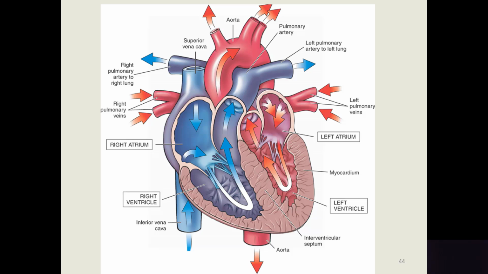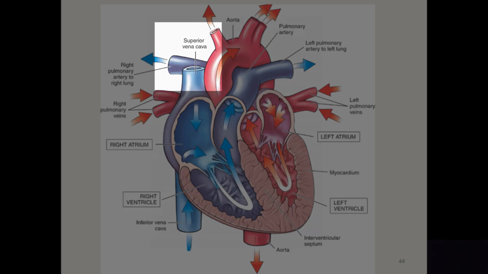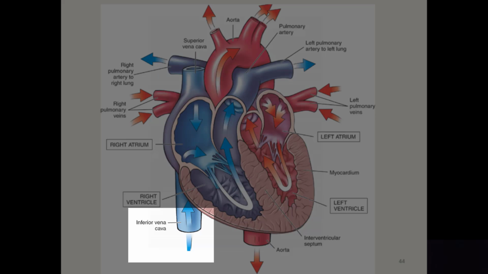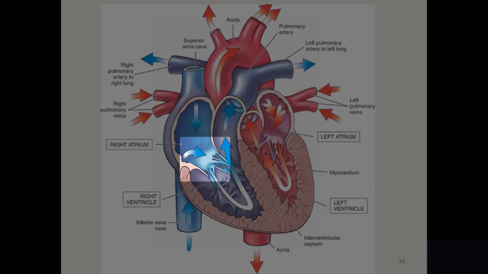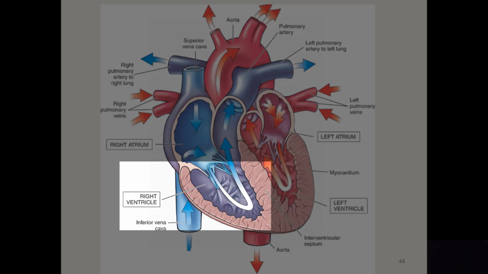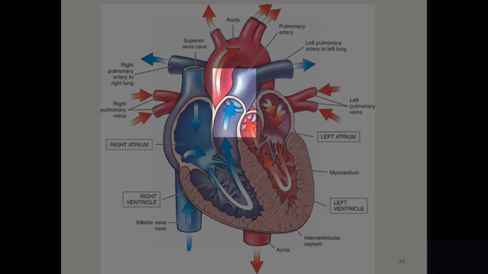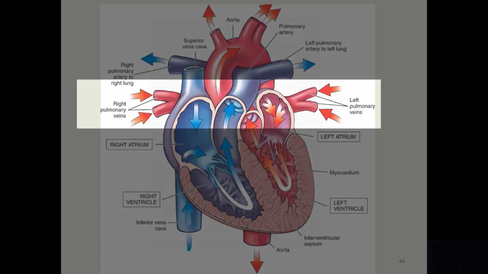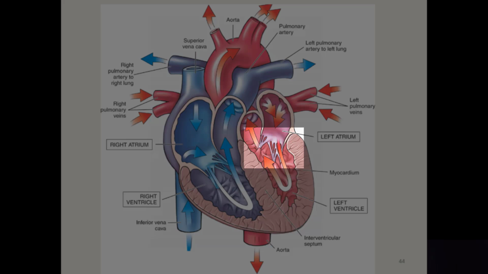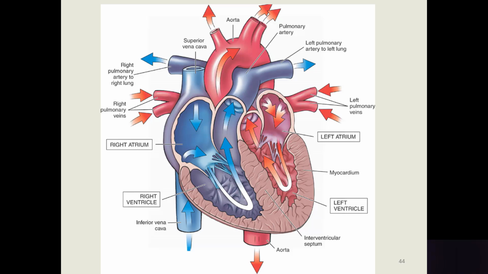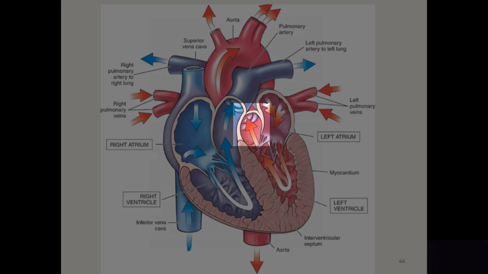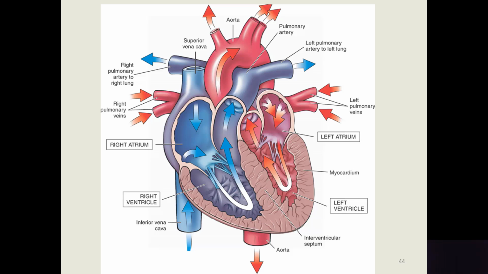If you look at this and think of them just as boxes and lines, it's not that complicated. Superior and inferior vena cava, right atrium, tricuspid valve, right ventricle, pulmonary arteries, lungs, pulmonary veins, left atrium, bicuspid or mitral valve, left ventricle, aortic valve, aorta, body.